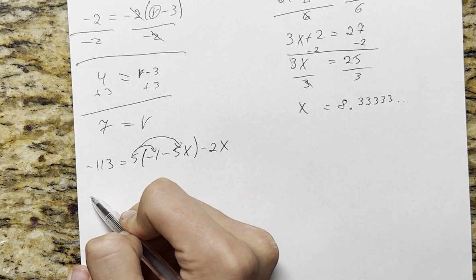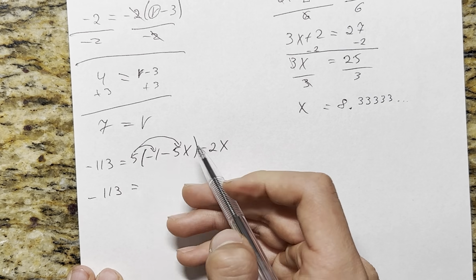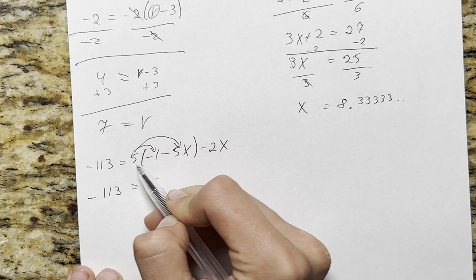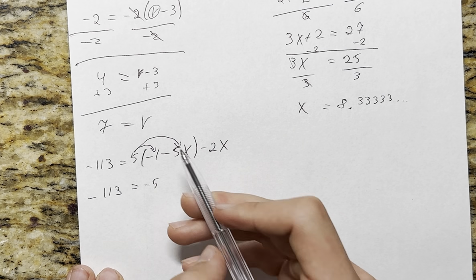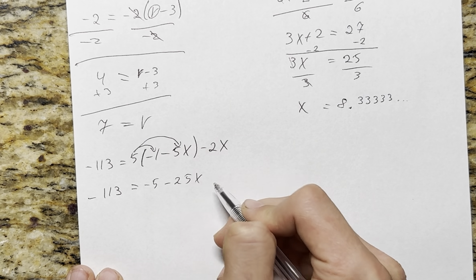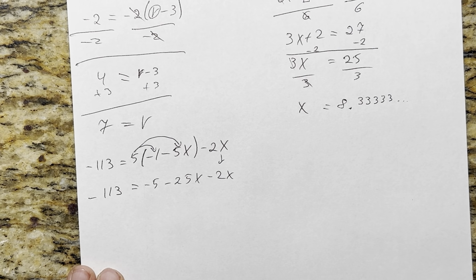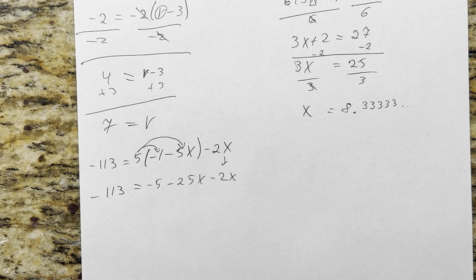What you'll have is negative 113 equals 5 times negative 1, which is negative 5. Then 5 times negative 5x is negative 25x. And you'll get negative 2x, just coming down here. Now you have to add like terms.